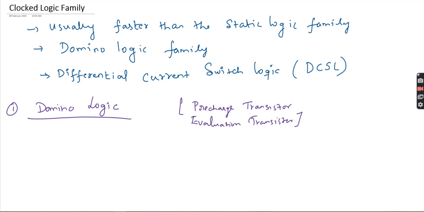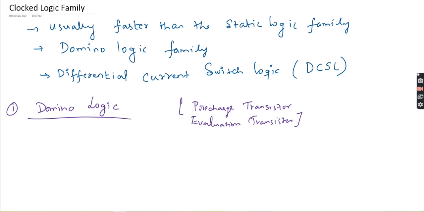So these two phases will be there for clocked logic family. When you use this kind of circuit, we can avoid the static power dissipation, completely avoid the short circuit power dissipation, and also avoid the leakage power dissipation.